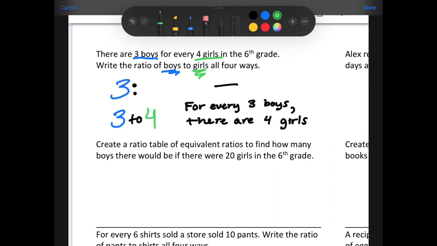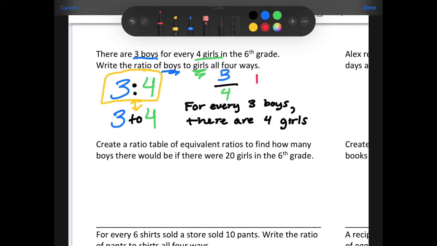Just as a reminder, the colon represents the word to. So we read this out loud as 3 to 4. And then we write it as a fraction, 3 to 4.